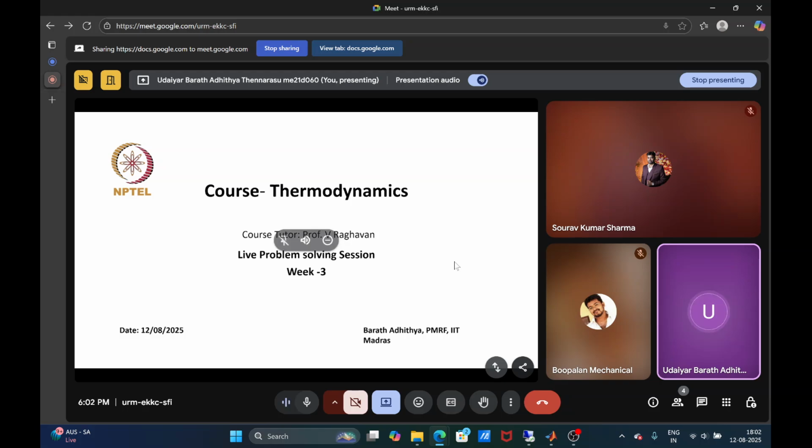The other parts, we'll look at next week, on two phases. Before that, we need to understand pure substance. A pure substance is something which is homogeneous; it doesn't vary.